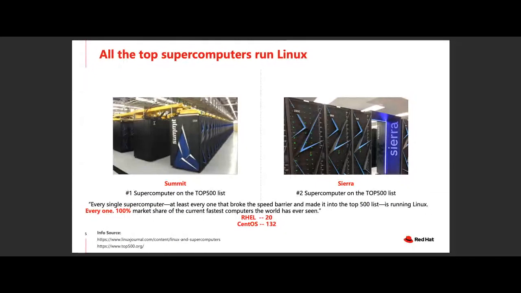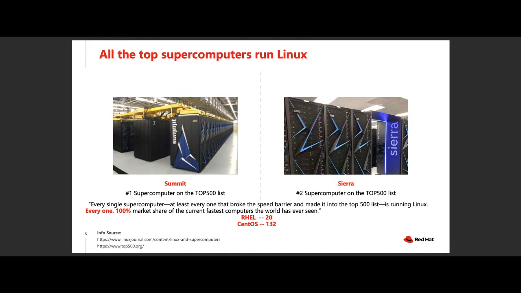And even on supercomputers, right now all the supercomputers run Linux. Several years ago, maybe 10% of them were still running Unix or Windows. But right now all supercomputers run Linux, and more than 20% of them are running RHEL or CentOS.